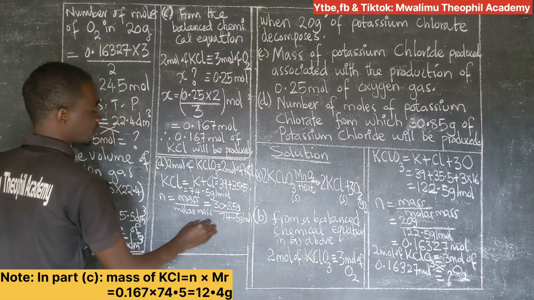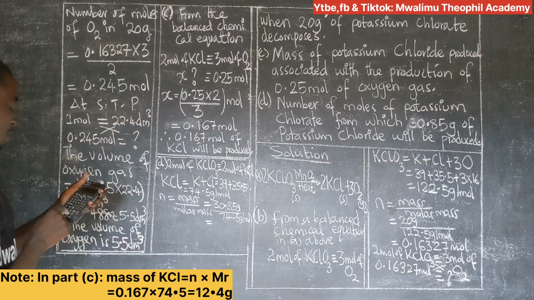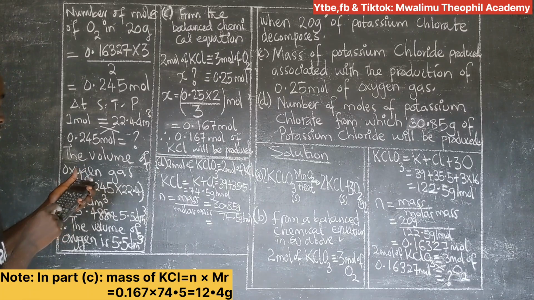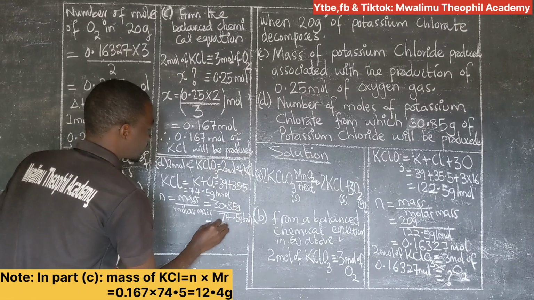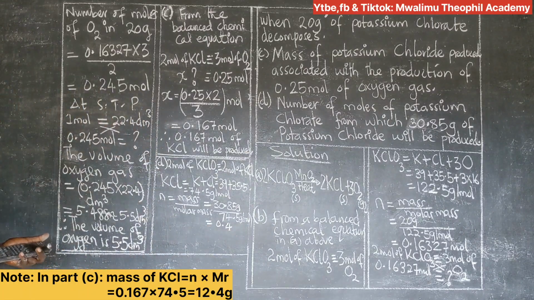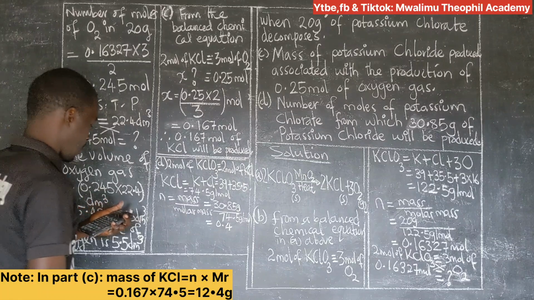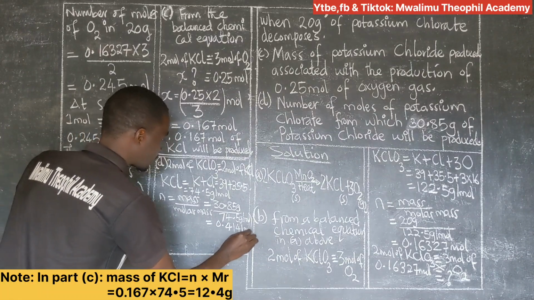So the number of moles will be equal to 30.85 divided by 74.5. We get 0.414 mole.